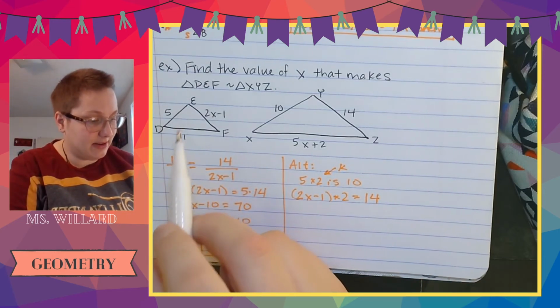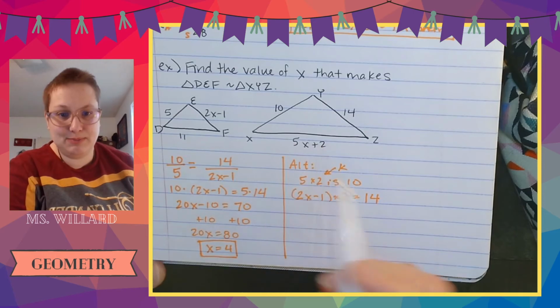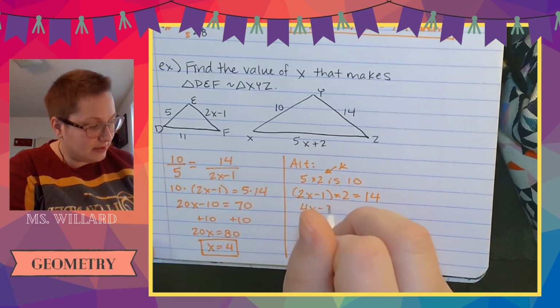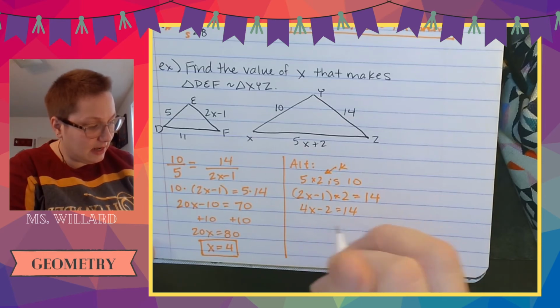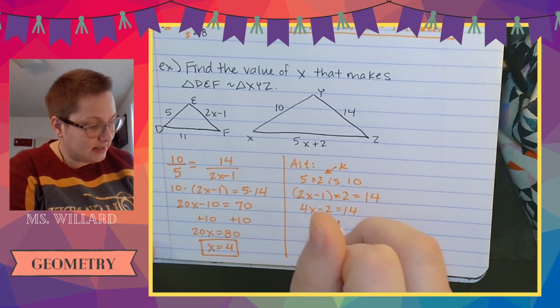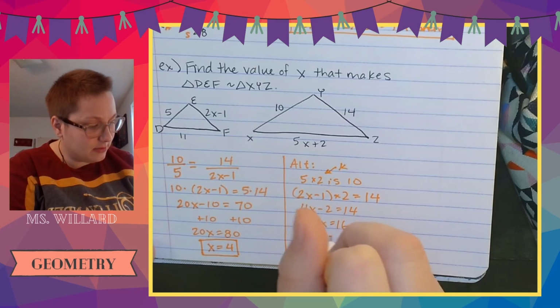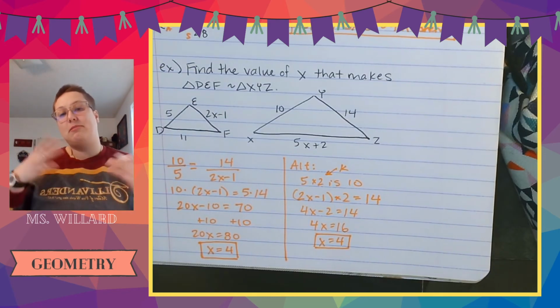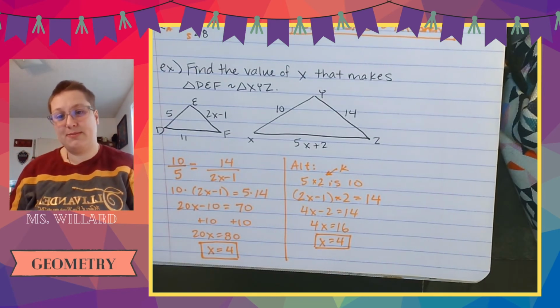Or I could do 11 times 2 is 5x plus 2. Then that's 4x minus 2 equals 14. Add the 2, 4x equals 16. Divide by 4, x equals 4. I get the same answer both ways. So the value of x that makes these two triangles similar is 4.